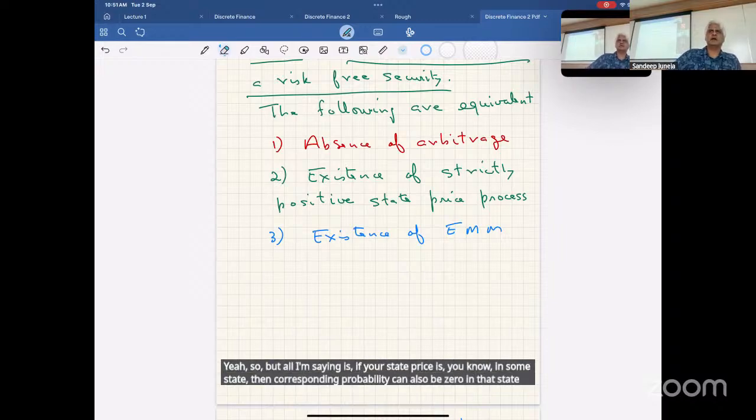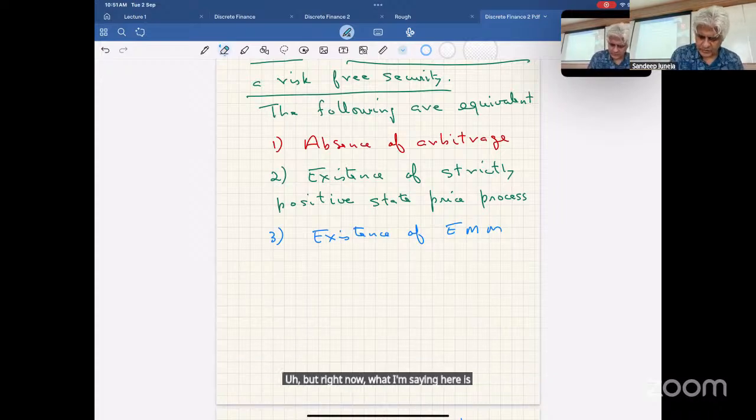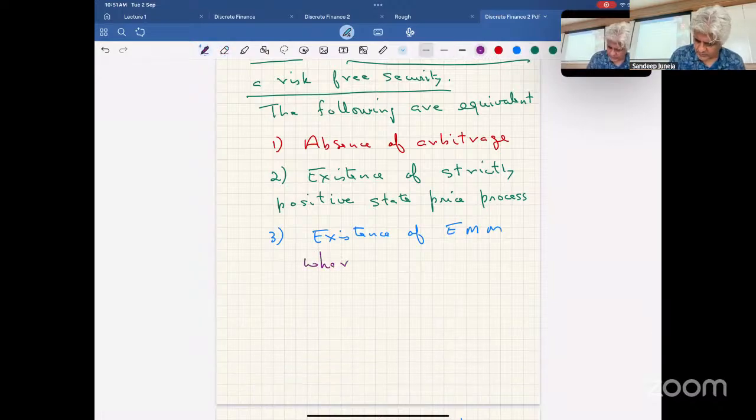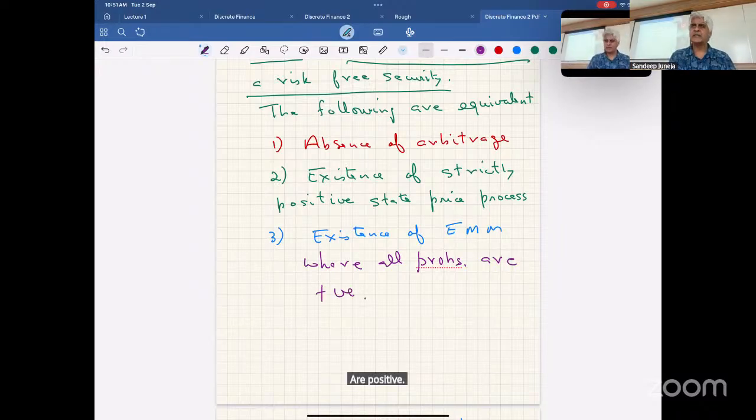So it's possible to have that. But right now, the theorem says existence of EMM where all probabilities are positive. So then it's a completely consistent, correct theorem.